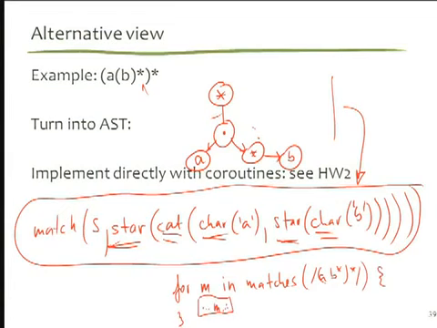Now, what does this do? It iterates over the matches, or I should say the string S, yes, and the regular expression.